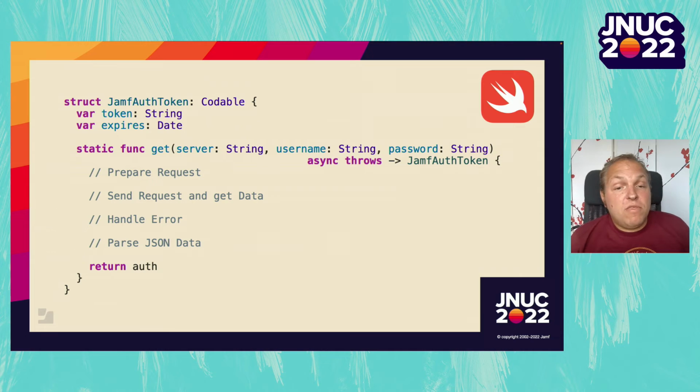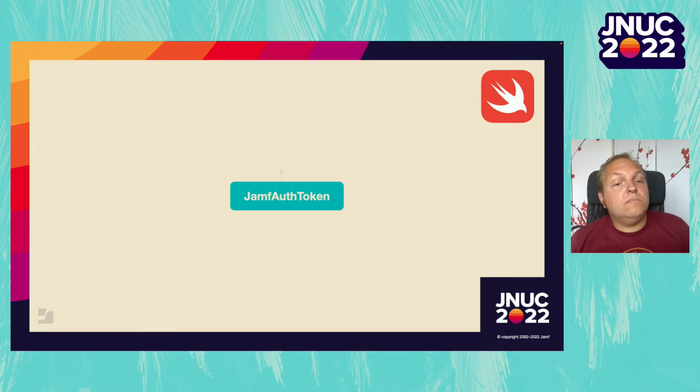It is an asynchronous method because these HTTP requests run asynchronously, and it might throw an error. And it returns a valid Jamf auth token if it doesn't throw an error. And that's our first object that we built that we can use.